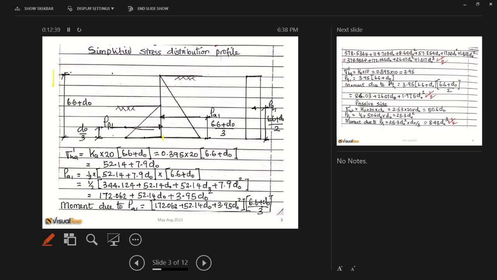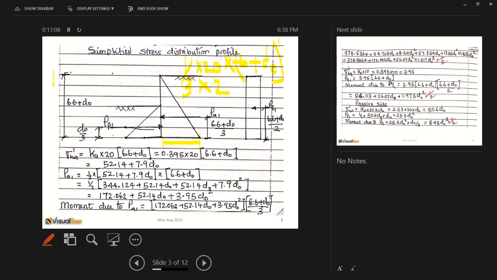So here at the bottom, Ka is a third, so that would be a third times 20, and there we don't have any provision for future excavations. This is just 6 plus d not. Okay, and then the area now would be a half, so you put 2 here, a half, base times height.